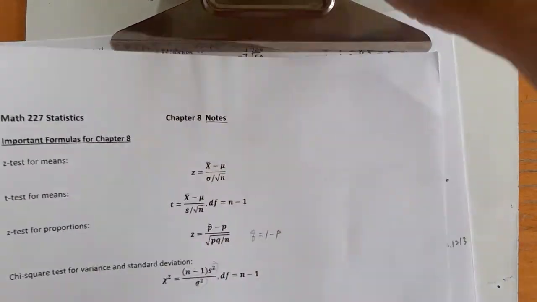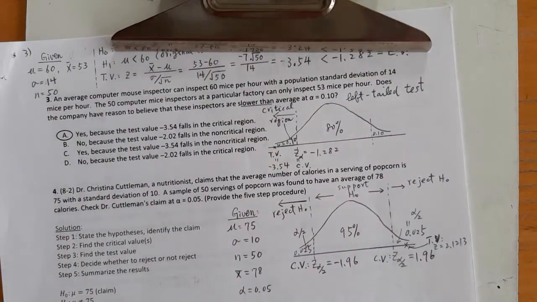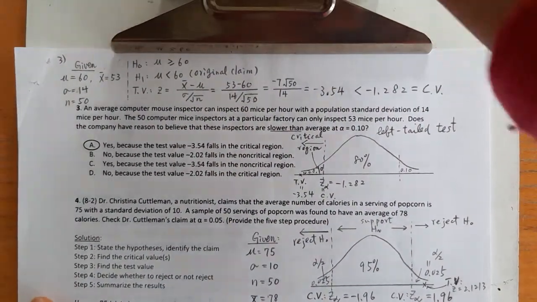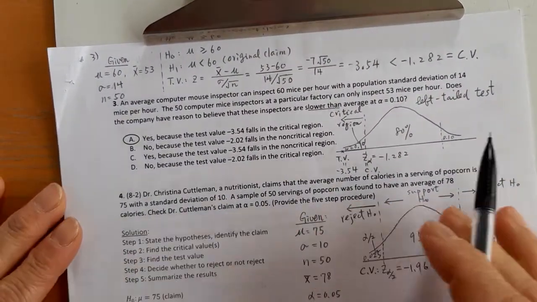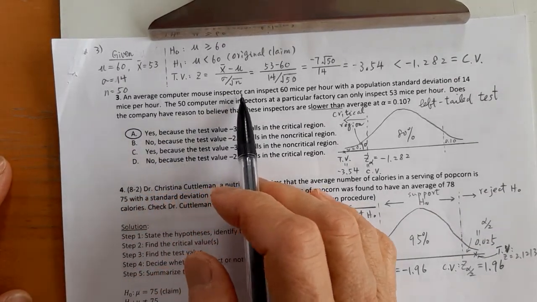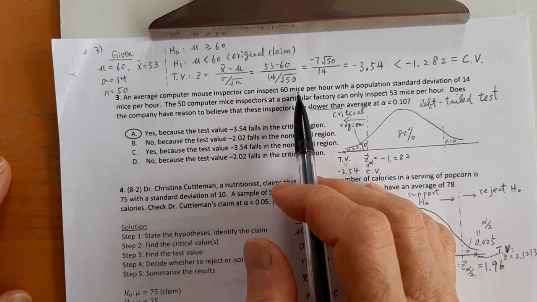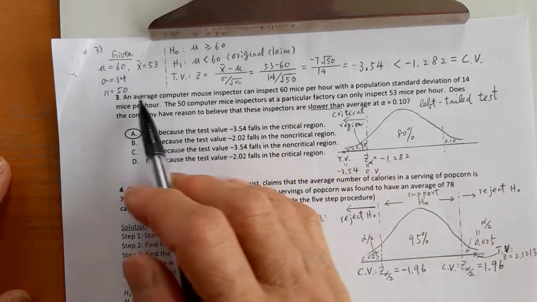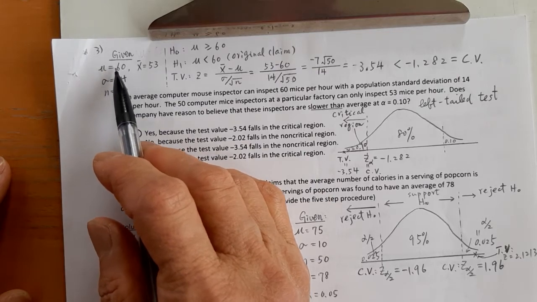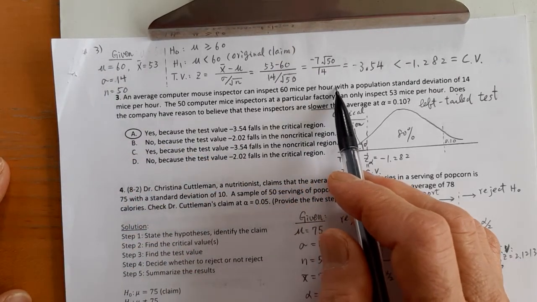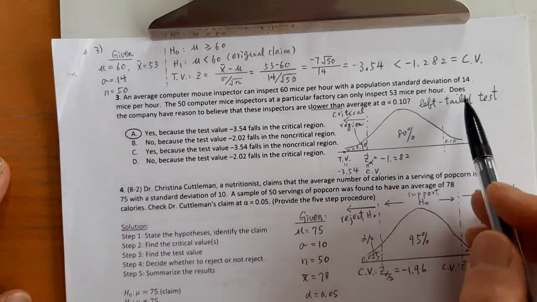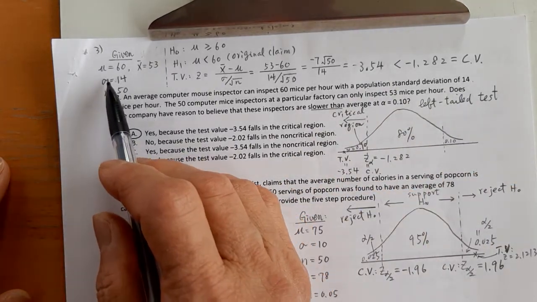So that's question 2. And question 3. Given that an average computer mouse inspector can inspect 60 mice per hour, the population mean is 60 mice per hour with a population standard deviation sigma equal to 14 mice per hour.